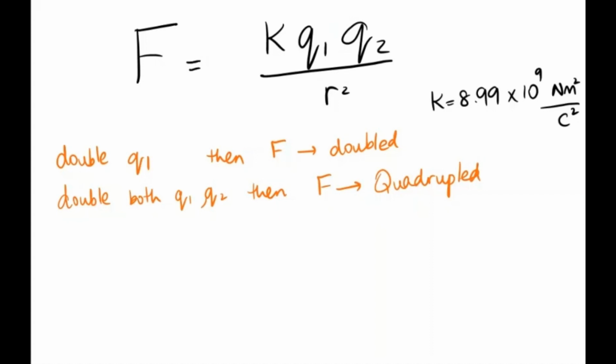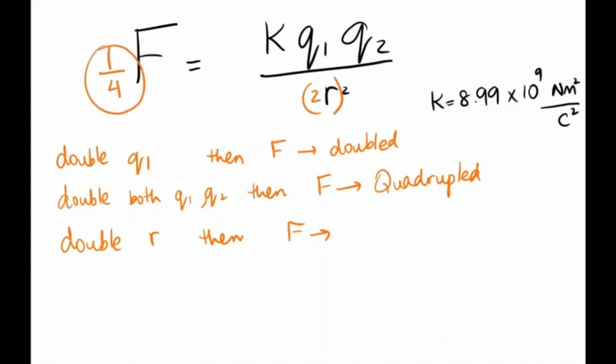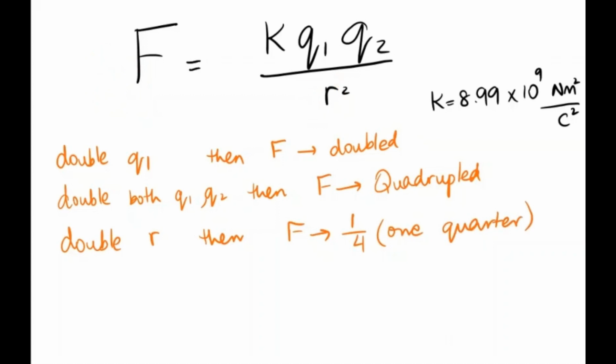Another type of question you will often see is: if we double the R, what happens to the force? If you double the R, you actually have to square the whole part, which gives you 1/4 of the force. Let's say we halve the distance, or bring them closer to half of the distance than before.